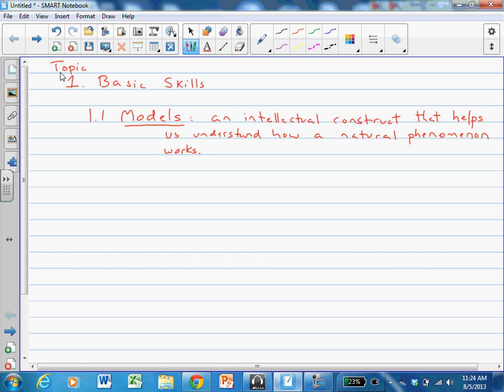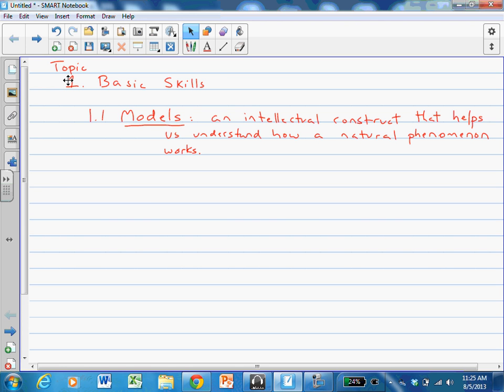So they're useful for describing various things that happen in the natural world, like the planets going around the sun, for example, or like the structure of an atom with a nucleus and protons and neutrons and electrons.